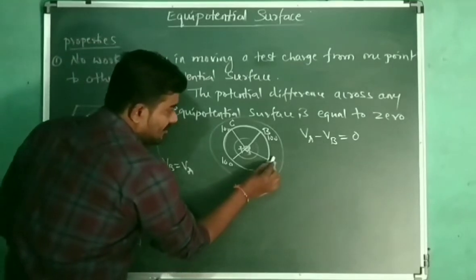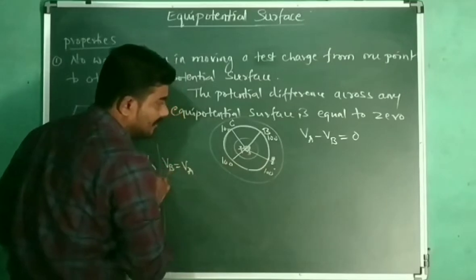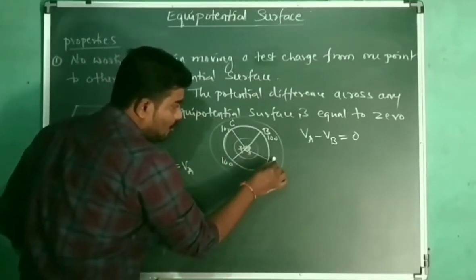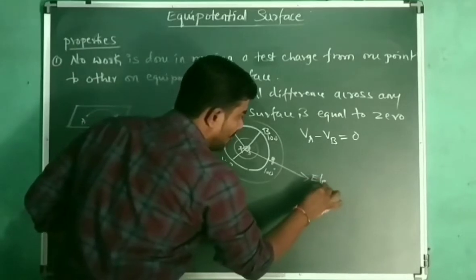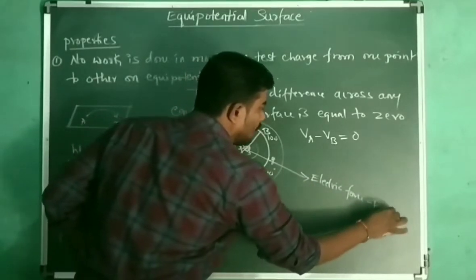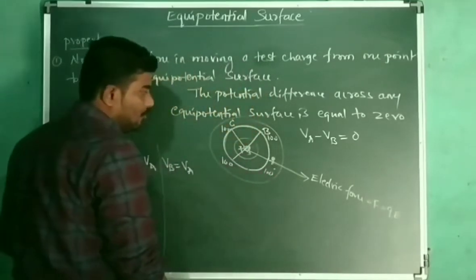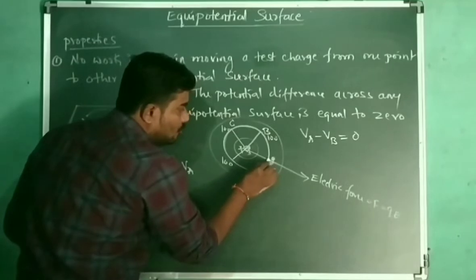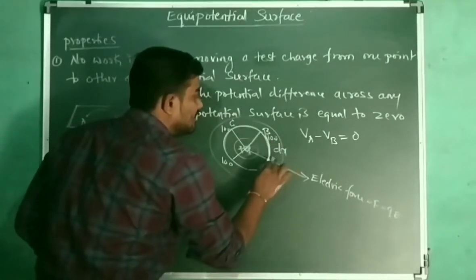And one more point, see here. If I place a test charge at this location, say it is Q, this Q will experience a force, that is electric force, in this direction. This is the electric force, F is equal to QE. And this charge Q is displaced through a distance, say dx, in this direction.